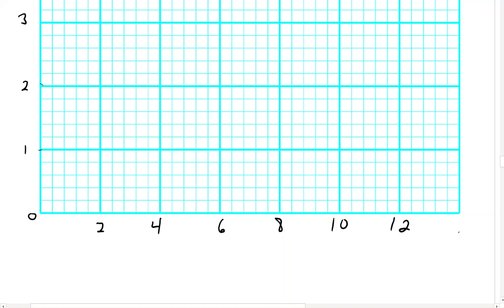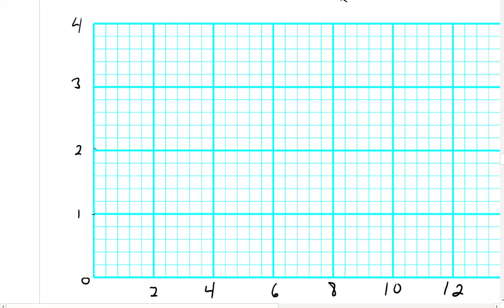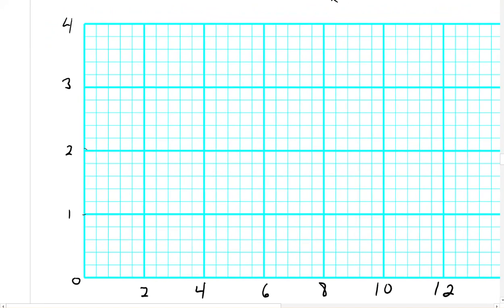Then let's label our axes. We've got Fn, capital N, in newtons. And on our y-axis, we've got force of friction, which is also in newtons.